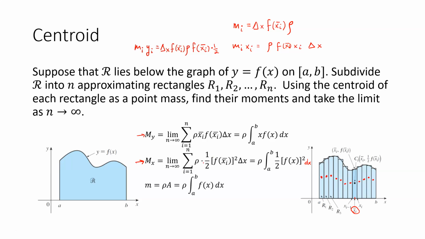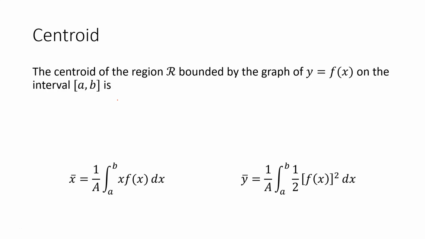Putting those pieces together, for x bar we can do M_y over m, which is the integral from a to b of rho x f(x) dx over rho times A, the area. And then notice that the density divides out. So the density of the plate does not actually play a role in our formula.